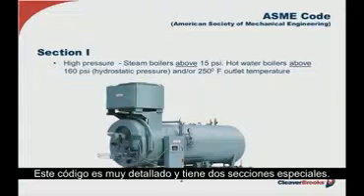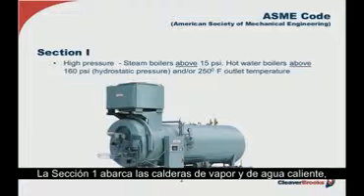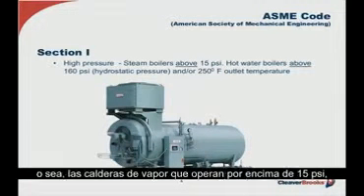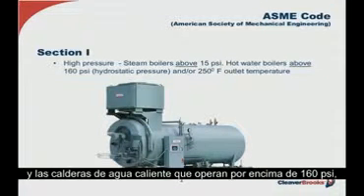Now, this code is very detailed in its instruction and essentially breaks down into two major sections, beginning with Section 1, covering steam and hot water boilers, which for steam boilers operate above 15 psi or 250 degrees Fahrenheit.